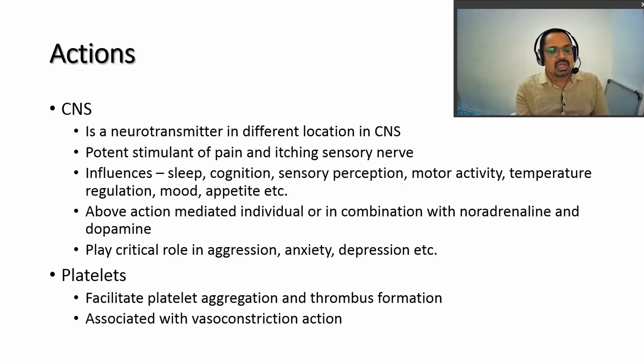As far as the action of serotonin on platelets is concerned, it facilitates platelet aggregation and thrombus formation. It is an autacoid which accelerates the aggregation of platelets and thrombus formation, associated with vasoconstriction actions.